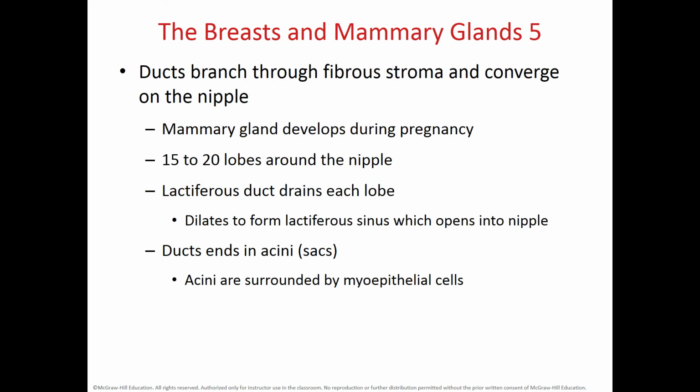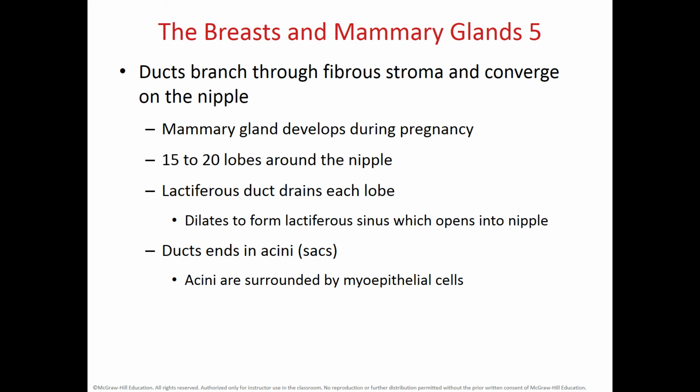The glands inside the lobules of the breast connect to the nipple through ducts. And we have, as I told you, between 18 to 20 lobes. Your book talks about 15 to 20. And then these lobes are surrounding the nipple area, and each lobe will drain milk into the lactiferous duct.